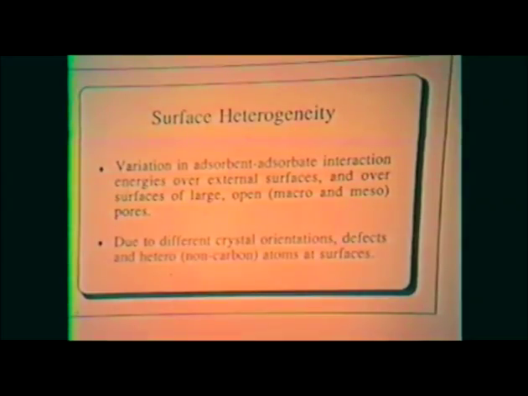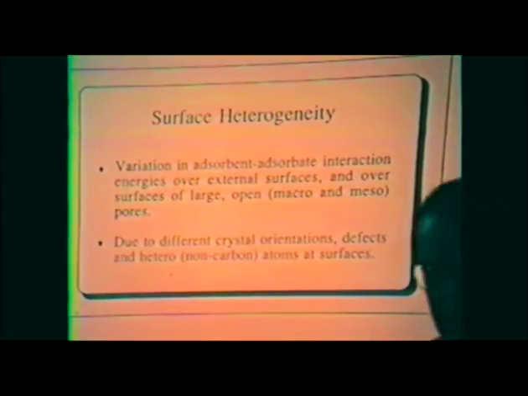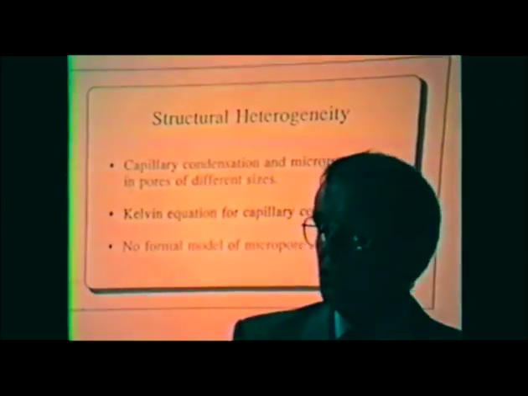And adsorption due to things like different crystal orientation, speaking very generally, presence of defects in the structure, heteroatoms, etc. That's surface heterogeneity. And the other type, structural heterogeneity, derives from the structure of the material, particularly when it's porous. This is the heterogeneity of the pore structure.